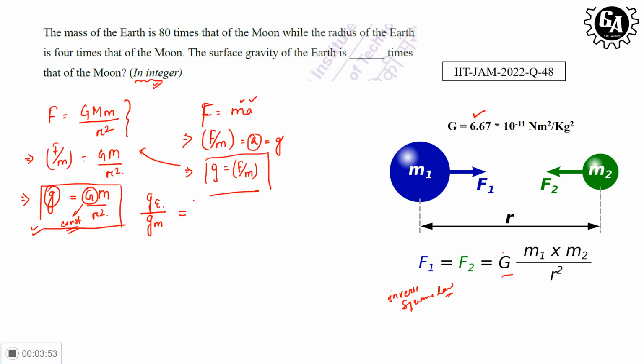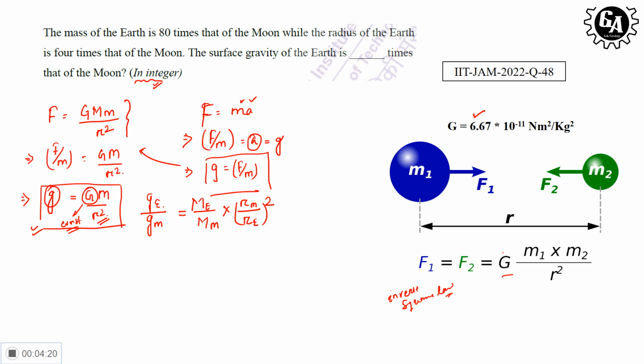That is the mass of Earth divided by mass of Moon, into radius of Moon over radius of Earth, squared.